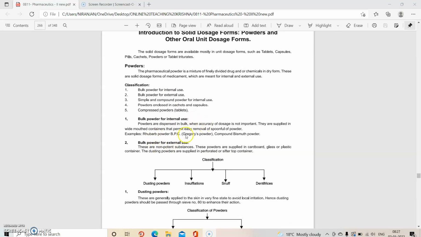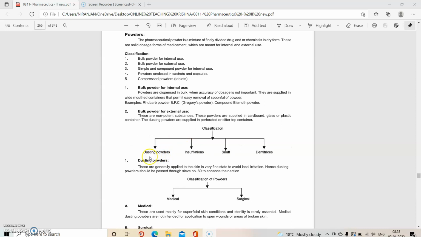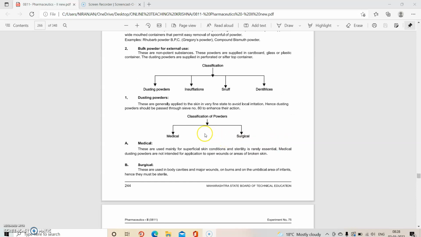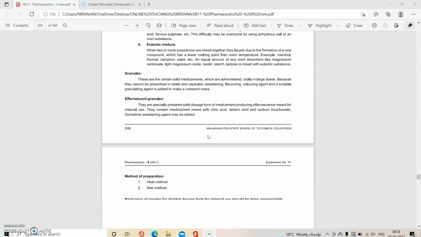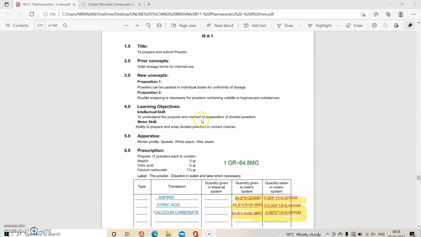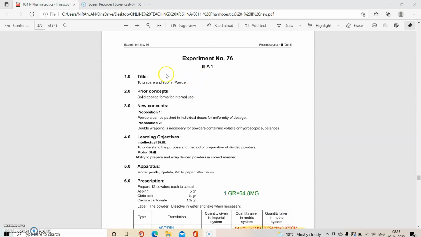Bulk powders are again classified as dusting powders, insufflations, snuffs, and dentifrices, or powders are again classified as medical and surgical powders. So let us see the first experiment, that is to prepare and submit powder.